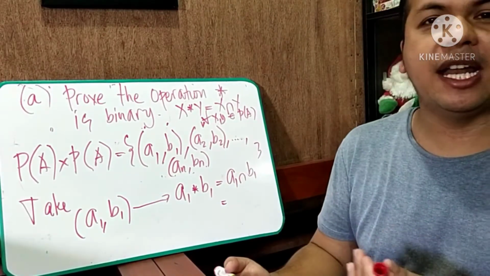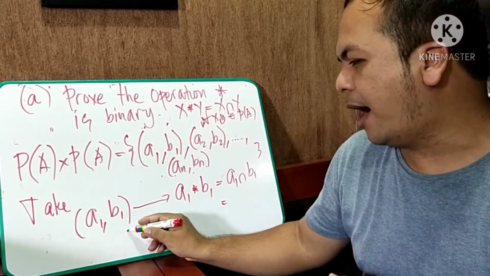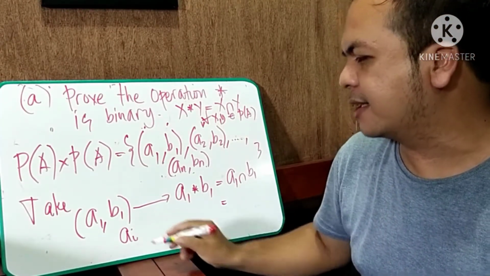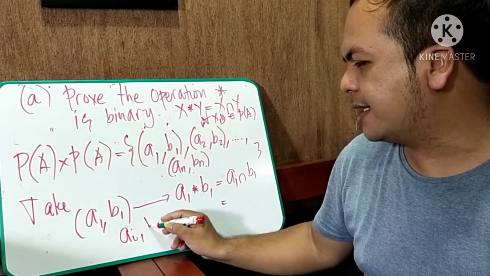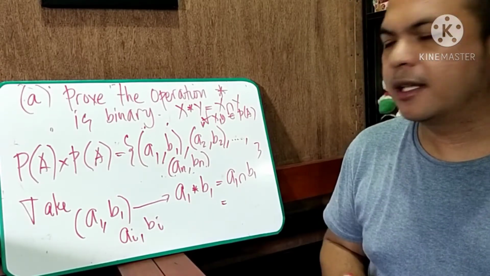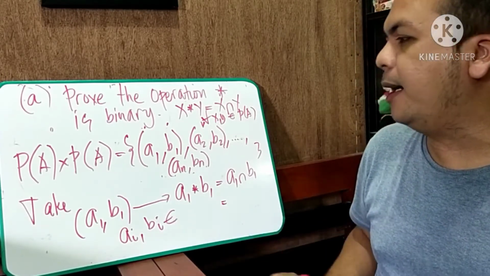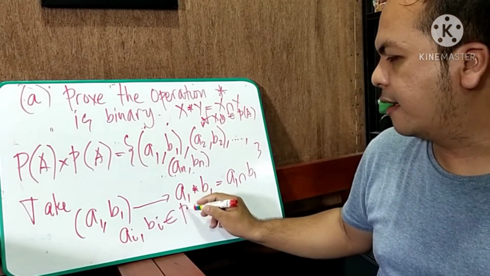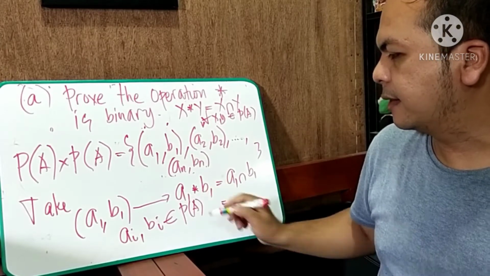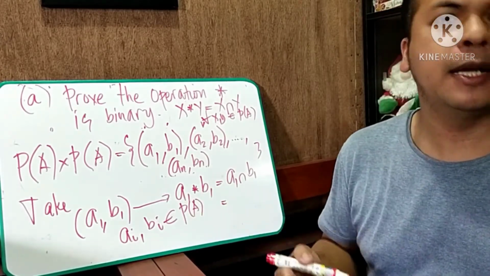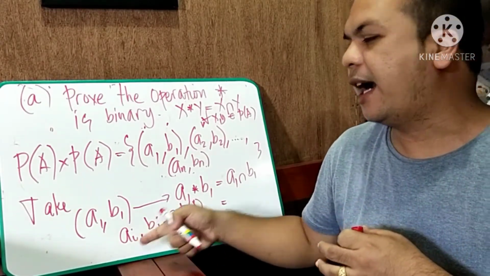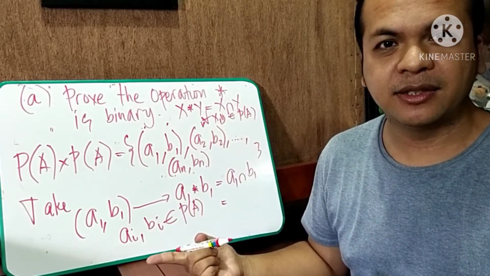So, ating A1, B1, ang A1 intersection B1 would be, of course, ano yung mga intersection nila? Take note yung ating A sub i's and B sub i's ay elements ng power set of A. And this power set of A, meaning these are subsets, no?